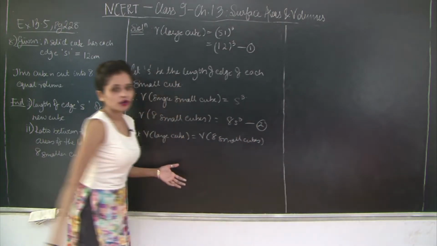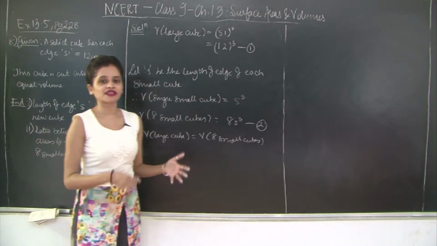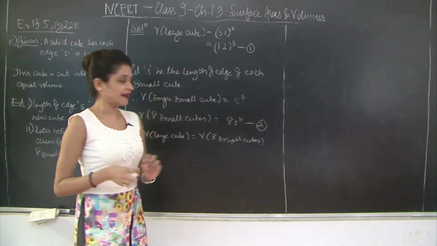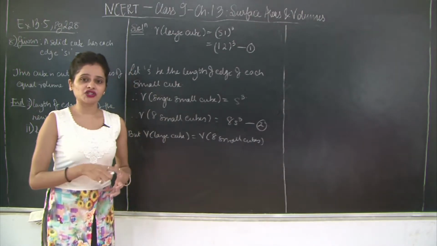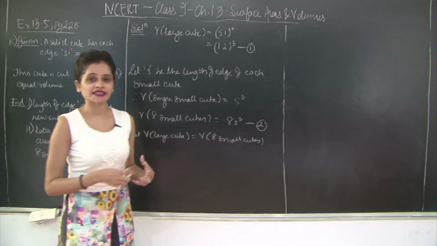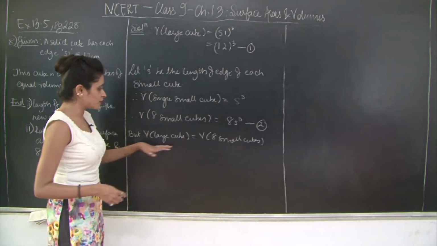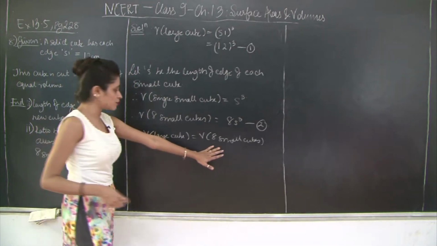Why is the volume going to be equal? Let's say if you have some metal and you're molding the metal into a number of small ball bearings, then only the shape is changing, but the volume, that is the amount of space that the metal is going to occupy, is going to be constant. Therefore, the volume is going to be consistent throughout.